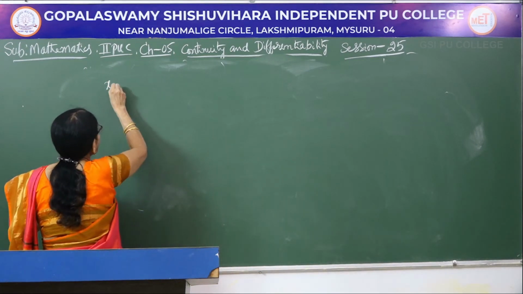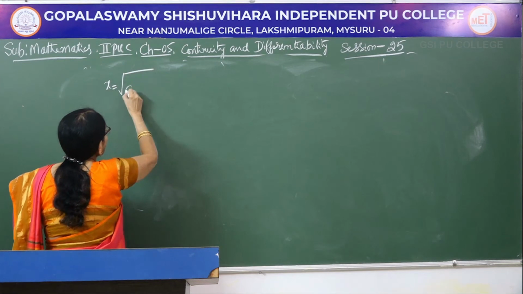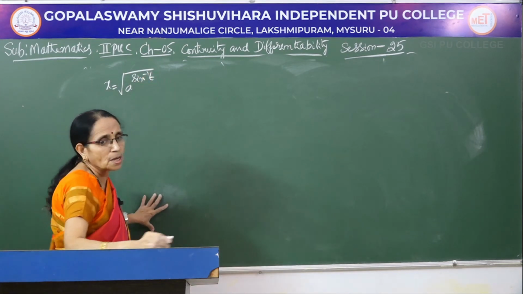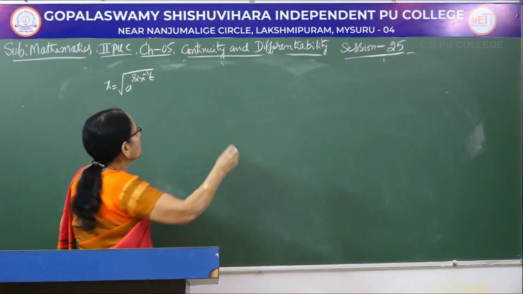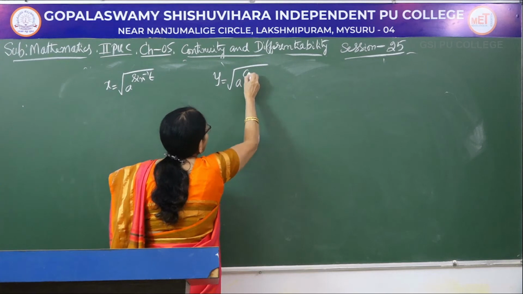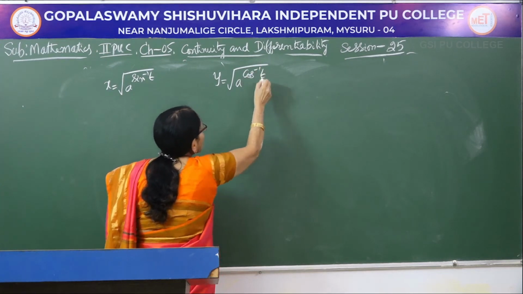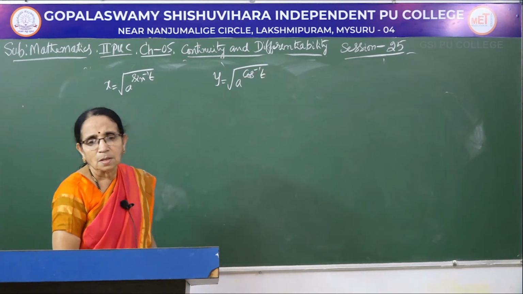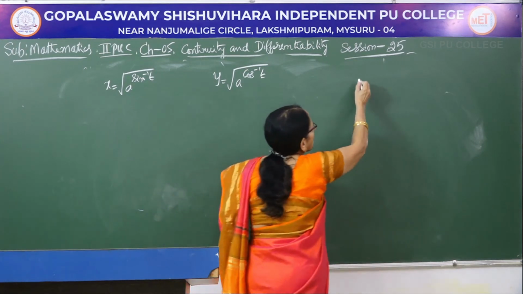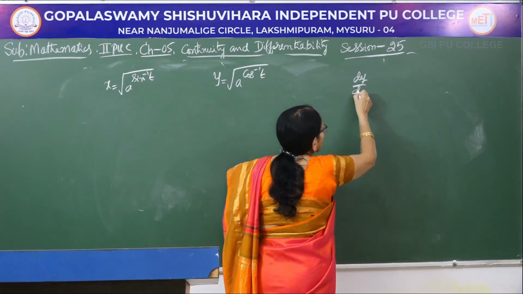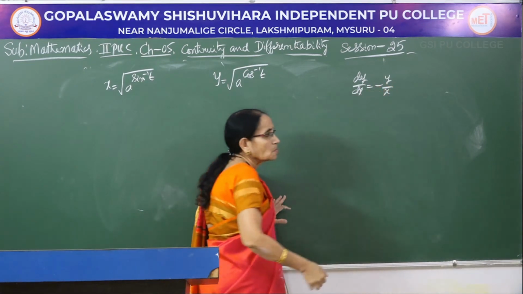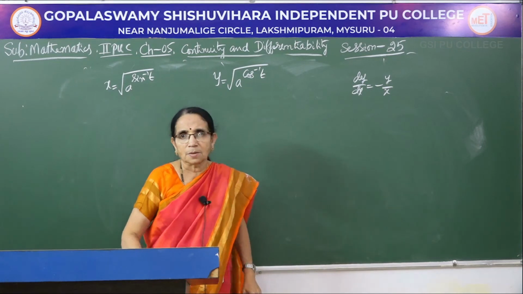If x is equal to square root of a to the power sin inverse of t, and y is equal to square root of a to the power cos inverse of t, then show that dy by dx is equal to minus y by x.